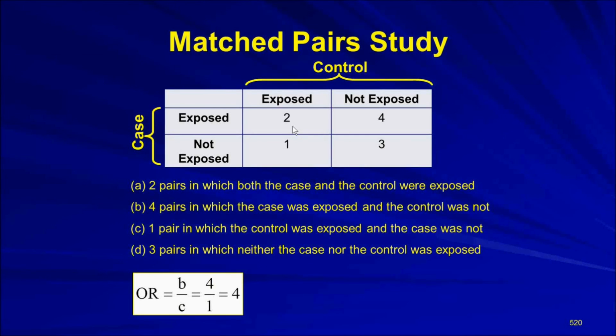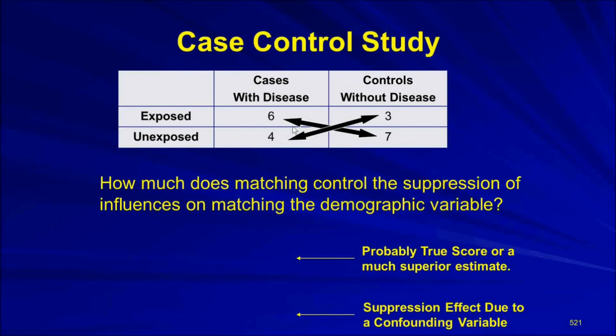Now, I want to show you something else, and that leads you to the reason that they're ignored. We did our odds ratio with discordant pairs. But we could go on and do a case control unmatched. I'm going to go back and show you how we're going to do this, okay?